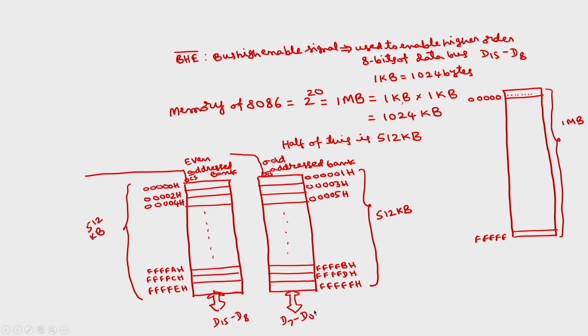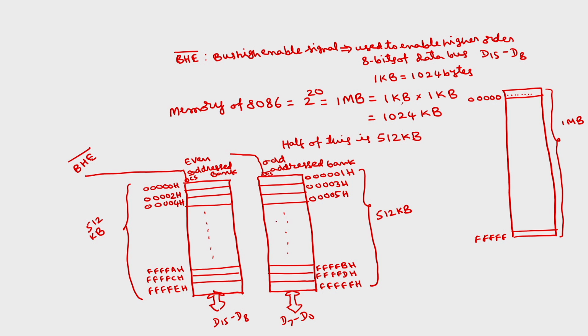Overall, this will be D0 to D15, 16 bits. In between, this one is the higher order data bus, so this will be connected to the bus high enable signal, BHE bar. As the name implies, bus high enable signal. So, this will be connected to the odd addressed bank, and this will be connected to the even addressed bank.